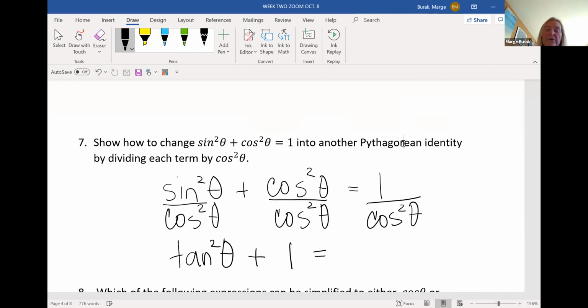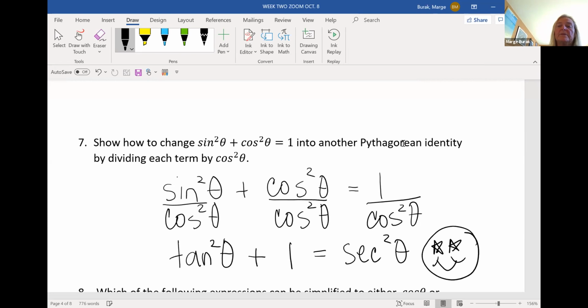And 1 over cosine is secant. So 1 over cosine squared is secant squared. And that's how they got this. This is another Pythagorean identity. And there were two of these in the video I gave you. One with secant squared, or one with cosecant squared.